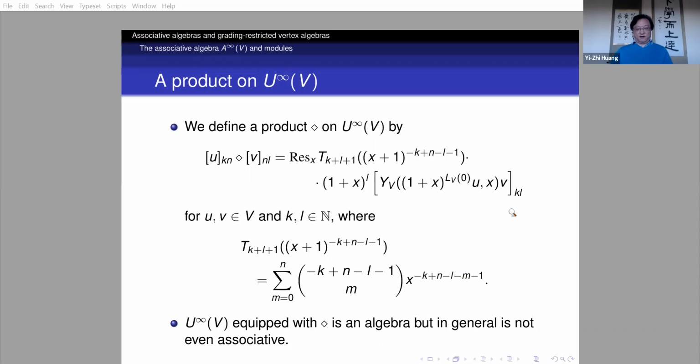So this is certainly closed under this product, and then U infinity V is closed. So it is an algebra, but certainly it is not associative. Such a general algebra is not so useful.